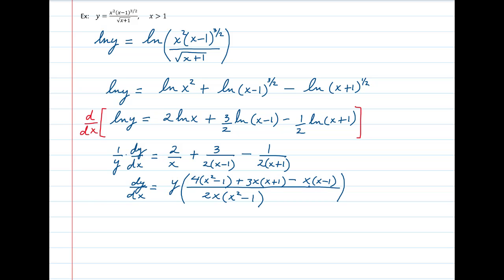Now the rest is just expanding the numerator there, combining like terms, canceling anything that needs to be canceled, and simplifying our overall expression here.